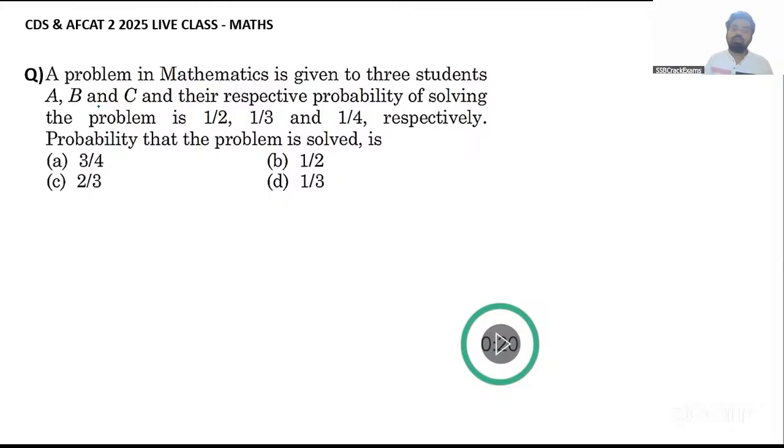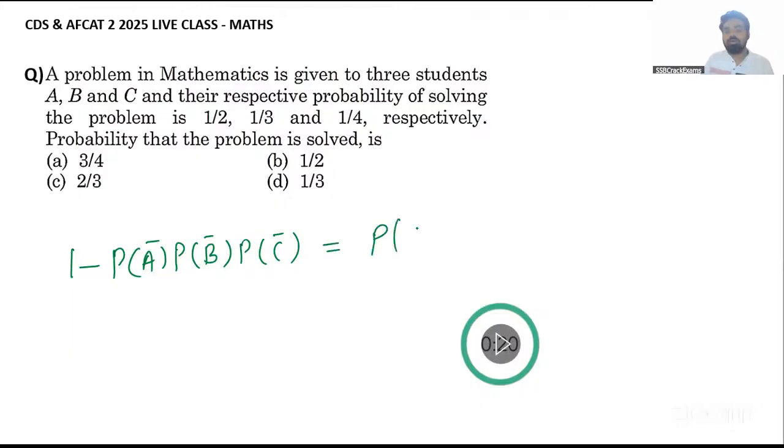So what I will do is simply use the concept of nobody having solved the question. Neither A, nor B, nor C solved it. If this is subtracted from 1, then it will be the probability that the problem is solved.